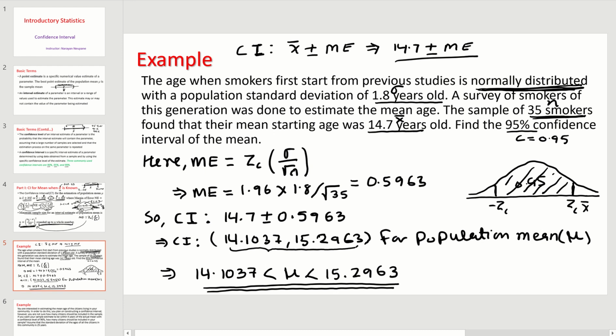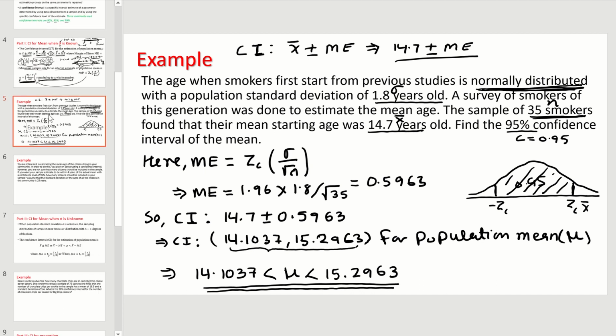The interpretation one more time: the probability that the population mean lies between 14.1037 and 15.2963 is 95%. You can say that with 95% confidence, the mean lies between those two values. So there are several different ways of interpreting the same thing.